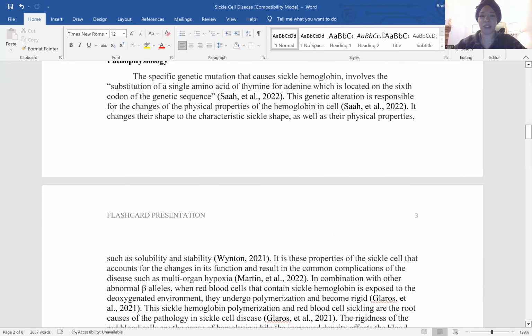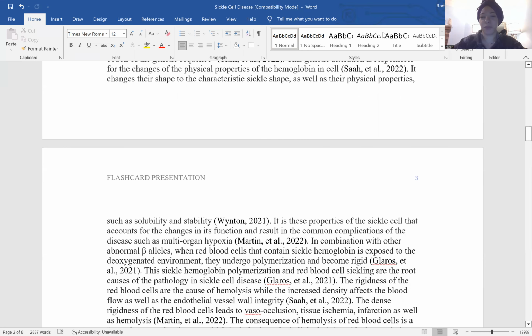For pathophysiology, the specific genetic mutation that causes sickle hemoglobin involves the substitution of a single nucleotide, thymine, for adenine, which is located on the 6th codon of the genetic sequence. This genetic alteration is responsible for the change of the physical properties of the hemoglobin in the cell.